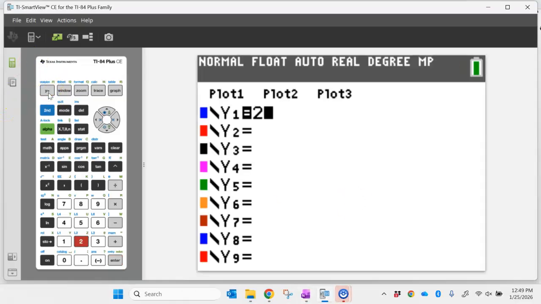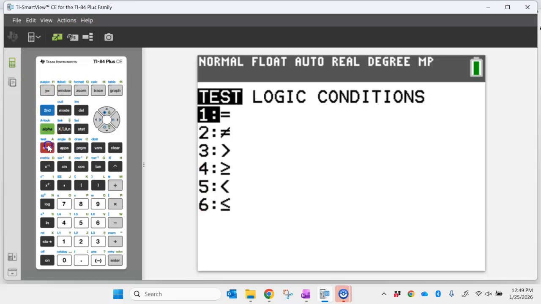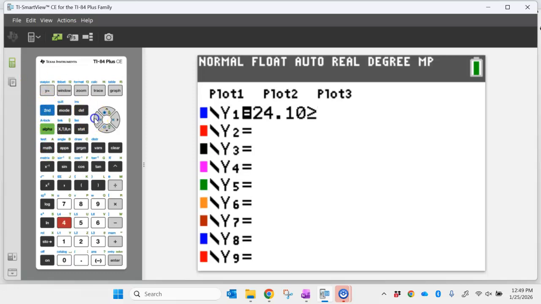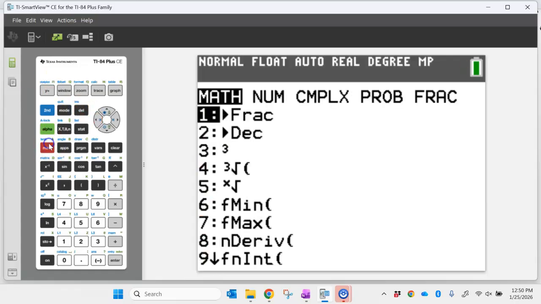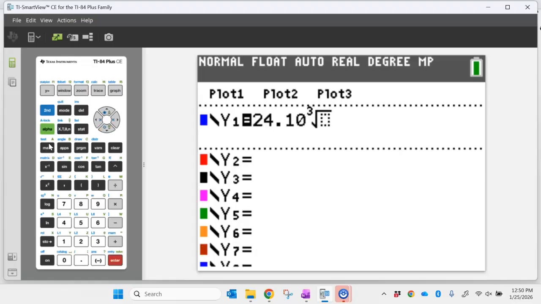If I put in here 24.1 times the cube root of x to the power of 2, so x squared. Oh, it didn't do x. I didn't do x. Things are going bananas on me over here. Okay, so now we got that.